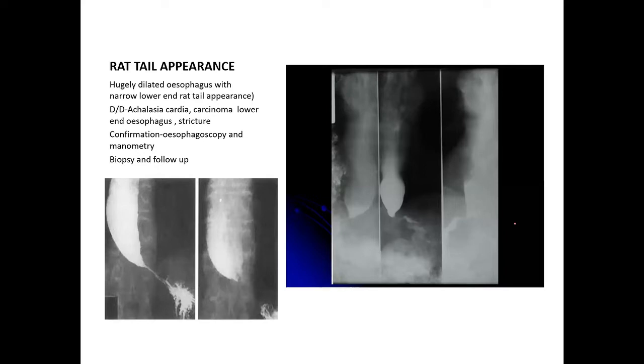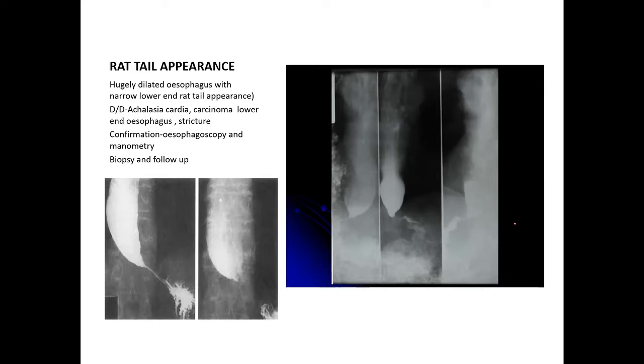Now, this is also a barium swallow. You can see rat tail appearance of the distal end of the esophagus at the gastroesophageal junction.